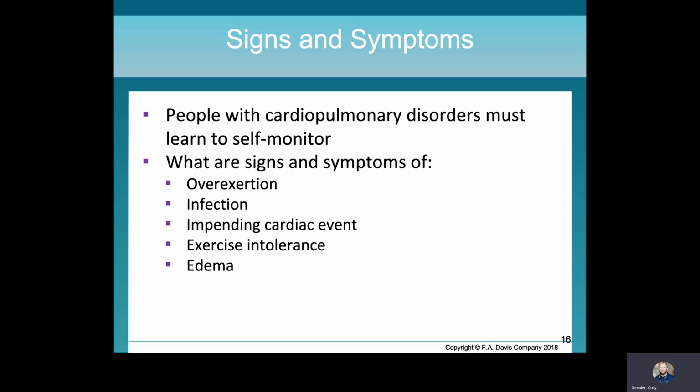What about an impending cardiac event? What are the signs and symptoms? Chest pain, radiating where? That was a great diagram. Teeth, arm. Most common is arm, but like I said, even up to their ear. Don't throw that out. That's definitely a sign. You need to teach them about that.